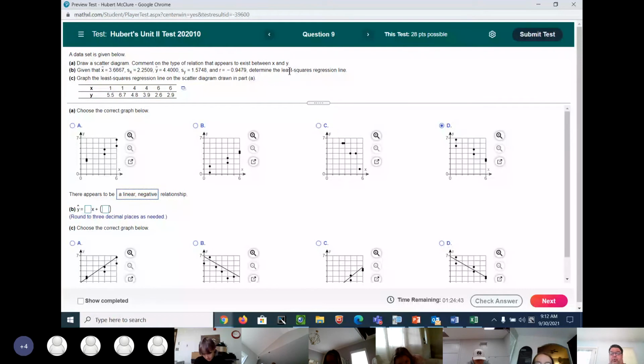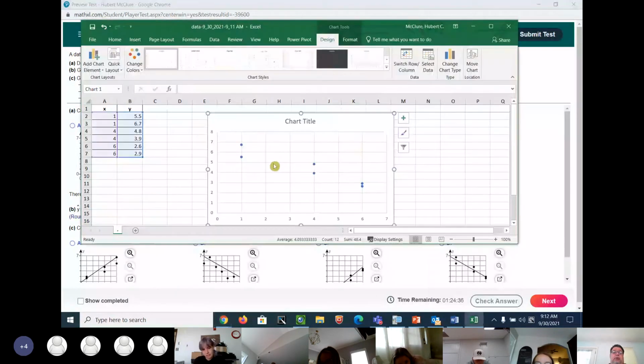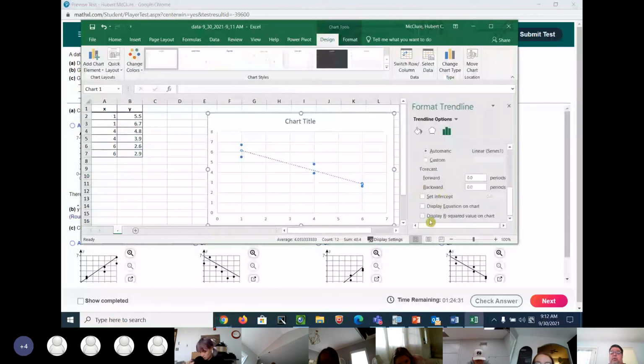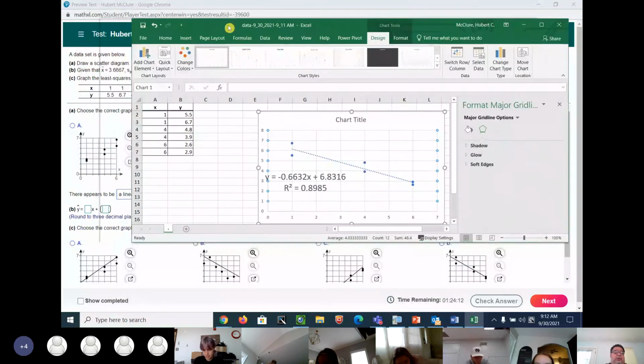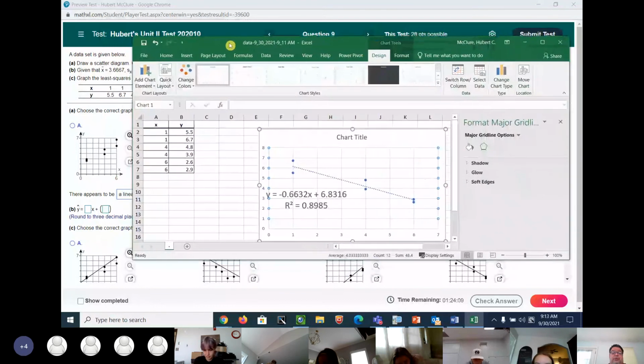All right, so we're going to go in and do the trend line. And that's the trend line, so I'm going to type that in. Let's see what it says as far as rounding. It says round to 3 decimal places.